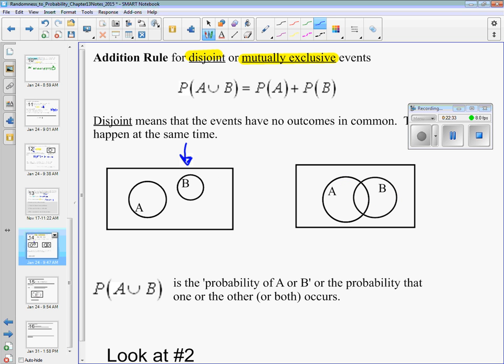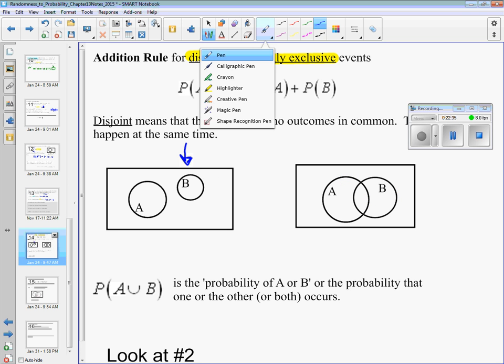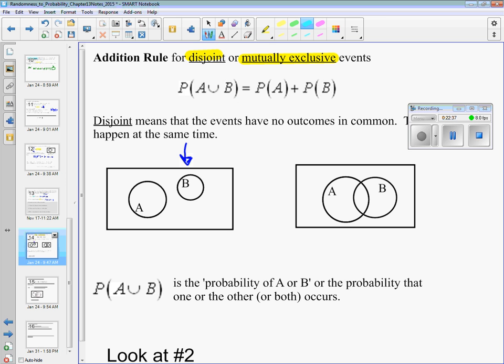So the notation for the word "or," and you probably learned this in geometry, is the little u. It does mean "or." So in case you see that notation, that means the probability of A or B happening.